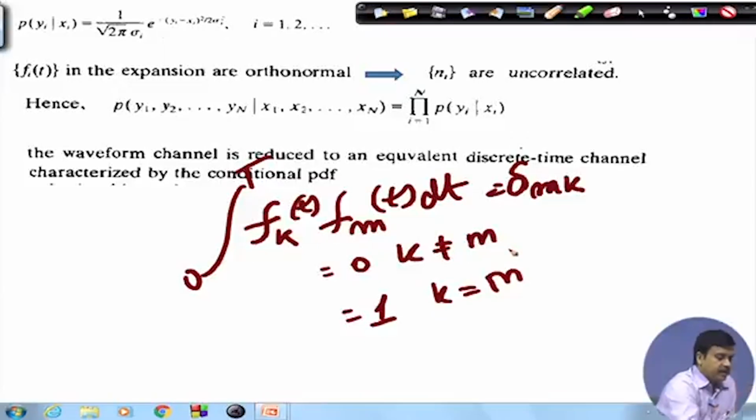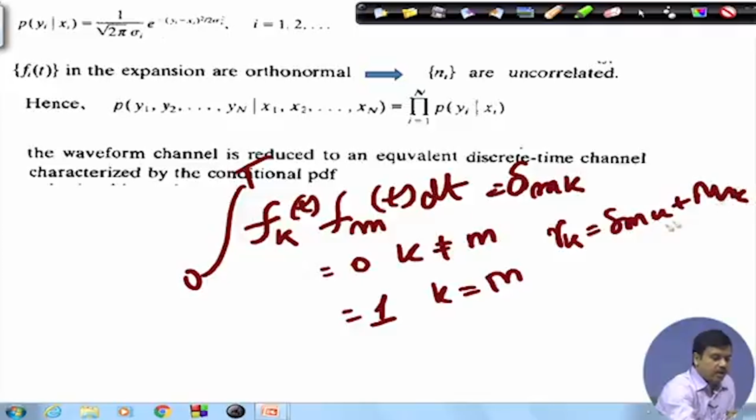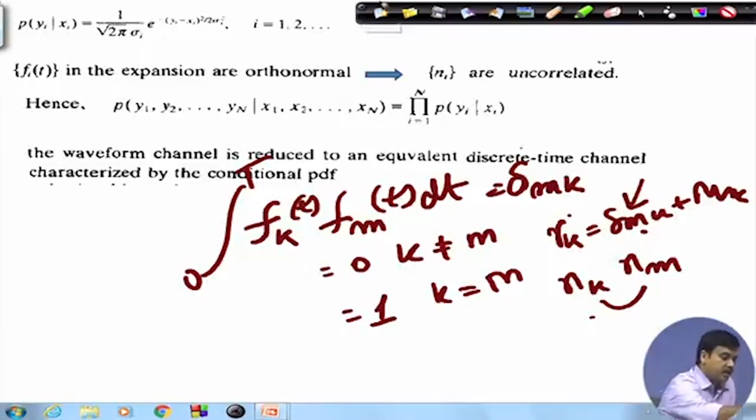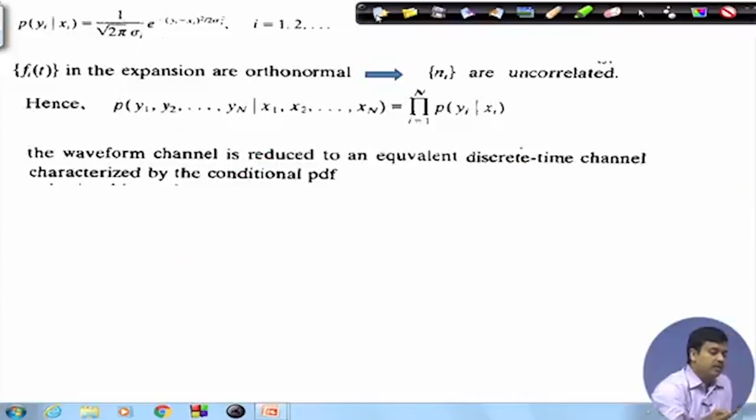So, what we get is that the signals r_k, which is equal to s_mk plus n_k, are independent, because n_k and n_m, what we had calculated earlier, are uncorrelated. If they are uncorrelated, we know they are Gaussian and therefore they are independent. So, r_k given s_mk is a Gaussian random variable with a mean s_mk, and again the same applies: these are uncorrelated, Gaussian, and uncorrelated means independent.